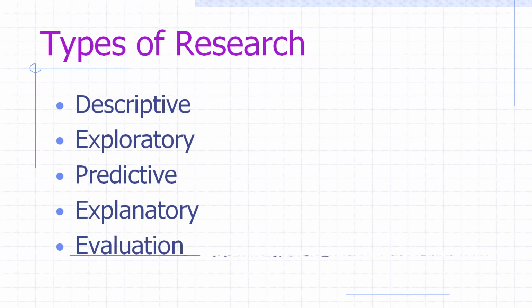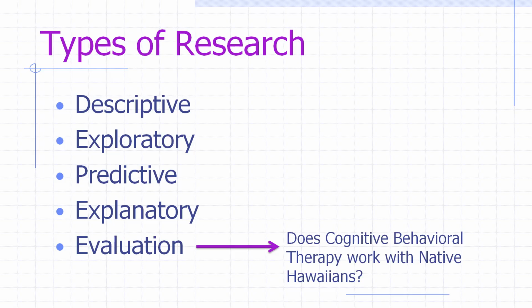So for example, does cognitive behavioral therapy work with Native Hawaiians? Now there's a lot of evidence about CBT working, but maybe we don't know whether it works with specific populations as well as it does sort of in general. So we're evaluating cognitive behavioral therapy in this context.